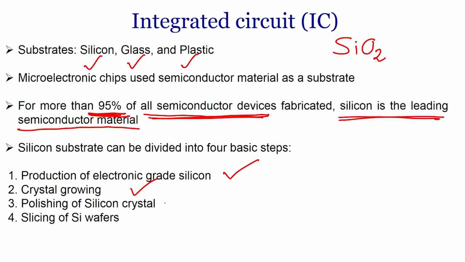The third step is polishing of silicon crystal, and the fourth step is slicing of silicon wafers. So, basically there are 4 steps that you have to understand if you want to understand how silicon is manufactured. How are these things done?